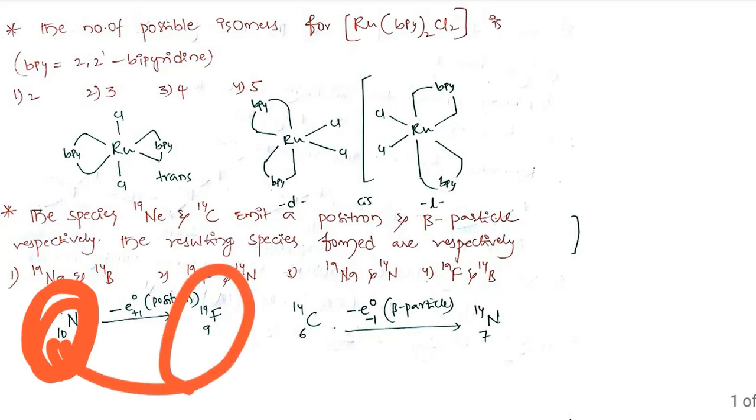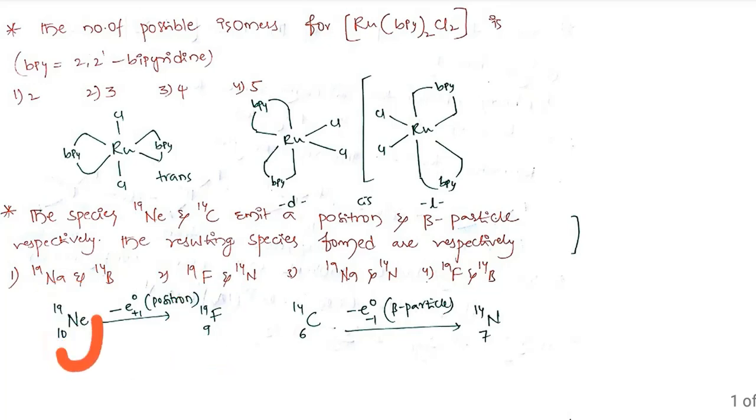That's why here one atomic number is decreased from that nucleus, so we can get F-9, 19. Okay, right.